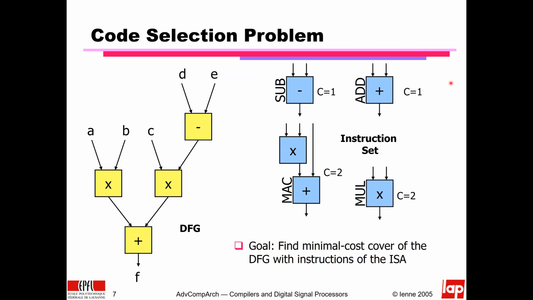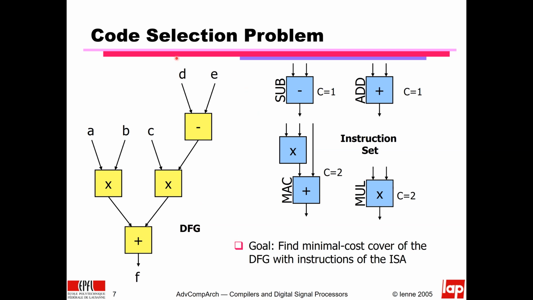So the first is the code selection problem. If you know something of VLSI, it is actually almost identical to the problem that is called technology mapping. So you have an abstract representation of the computation that you need to do, and you have a set of possible subgraphs that you can use to cover the DFG.